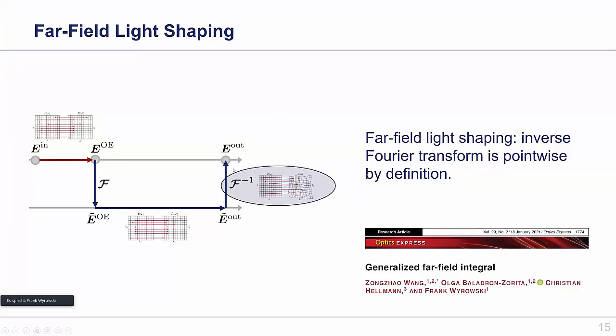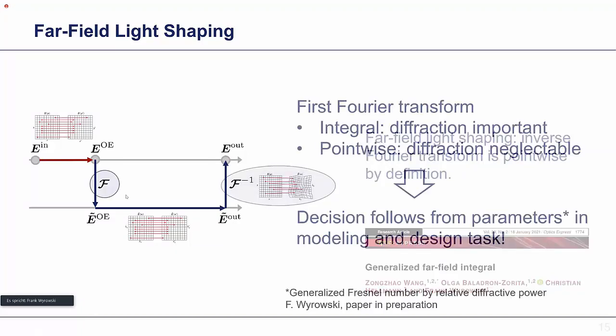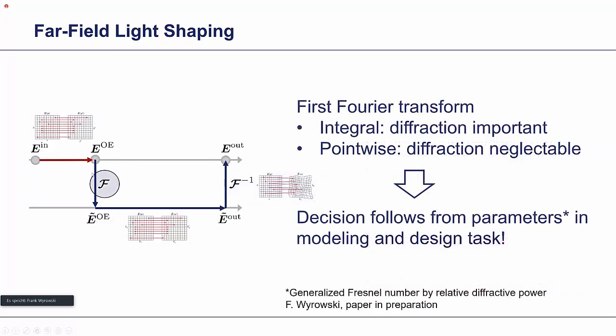Because if I go here to the far field, then it can be shown that the inverse Fourier transform is pointwise. It's even the specified pointwise one. So it means then this Fourier transform is pointwise. And the only question is, what is with this Fourier transform? That means everything is about this Fourier transform. If this Fourier transform is a diffraction is important, then it is an integral.